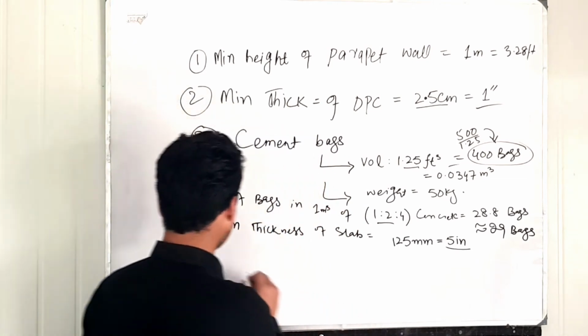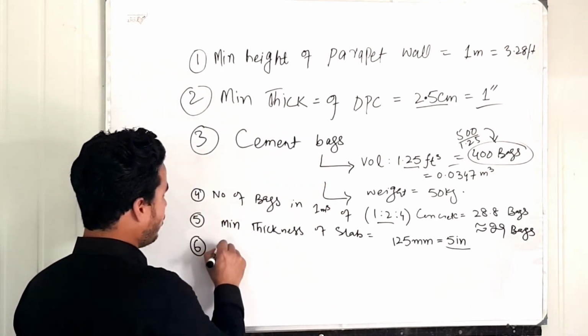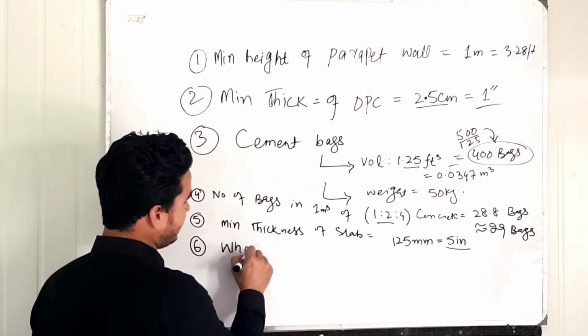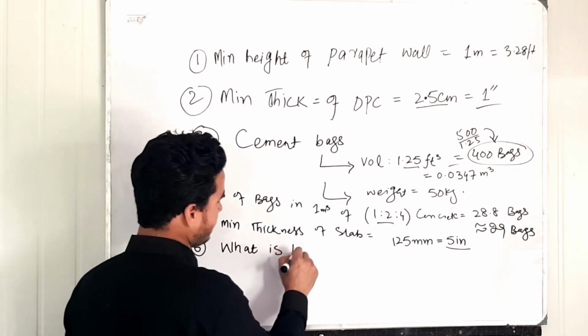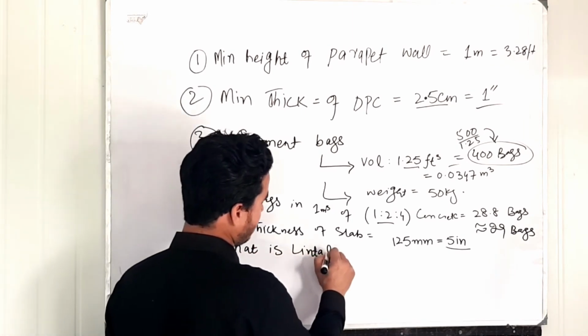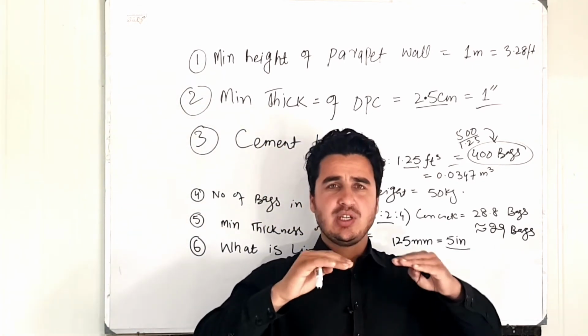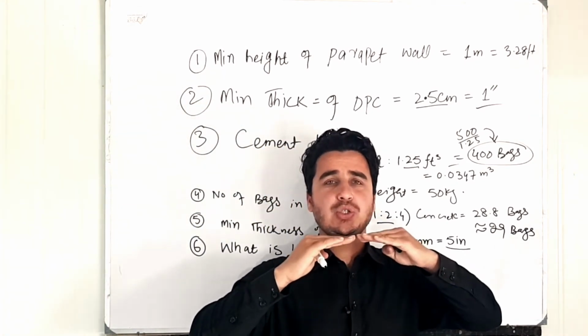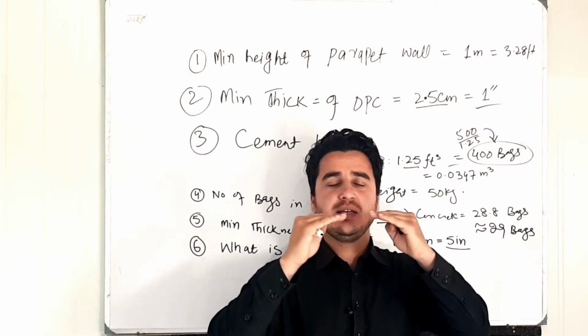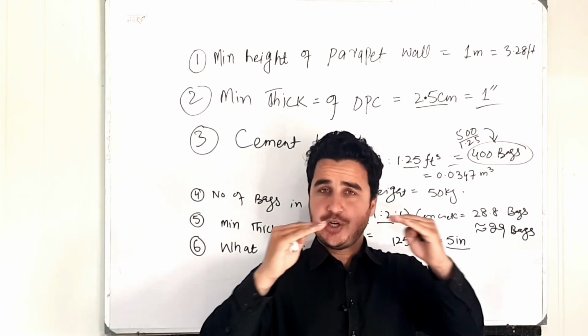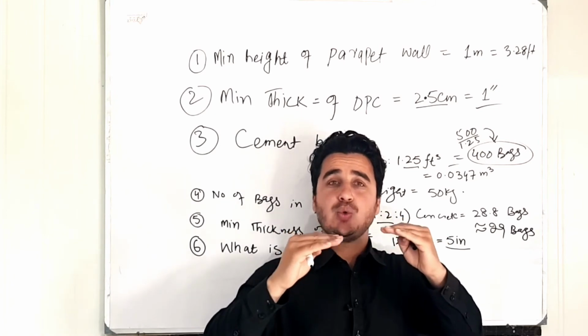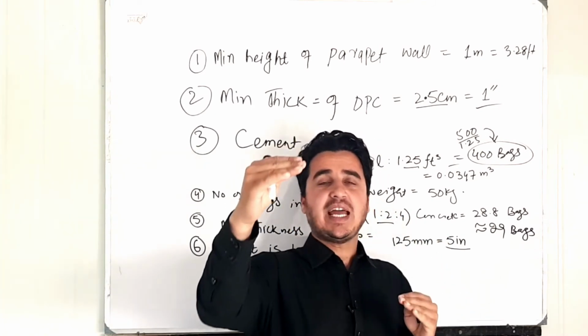Next question, question number 6, is: what is lintel? A lintel is the supporting beam which is used above any door or window, to support the load over that window.